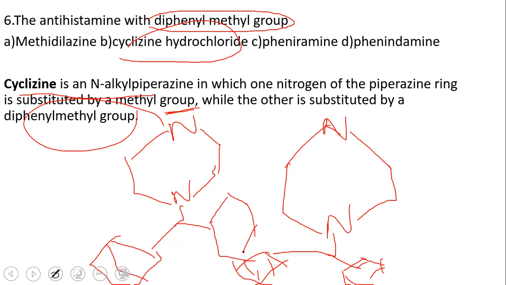So the heterocyclic nucleus is piperazine, but the substitution is with this diphenyl methyl group. So the answer is not option A. Option B is the correct answer, cyclizine hydrochloride.